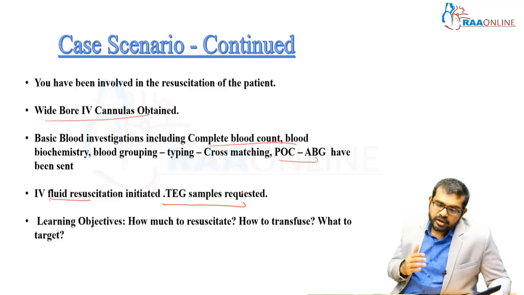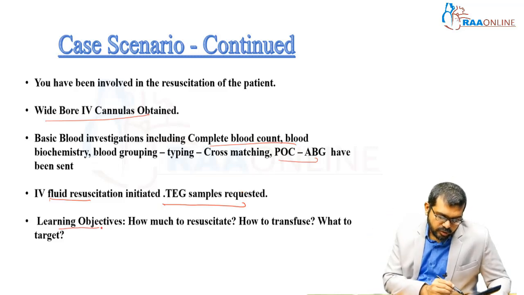So in both cases, we have to keep our resuscitation to the bare minimum so that peripheral perfusion is preserved while avoiding over resuscitation as well. It is a very fine balance. So the learning objective here is how much to resuscitate, how much to transfuse, and what targets to look upon.